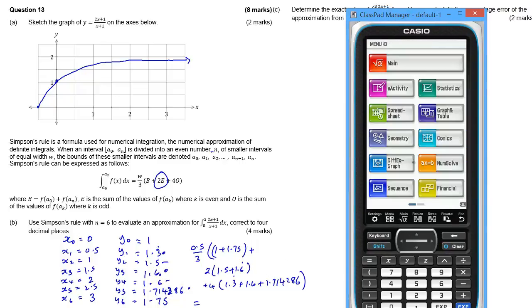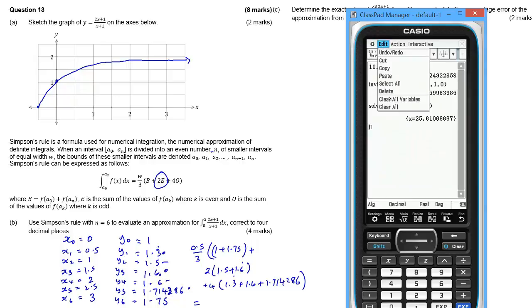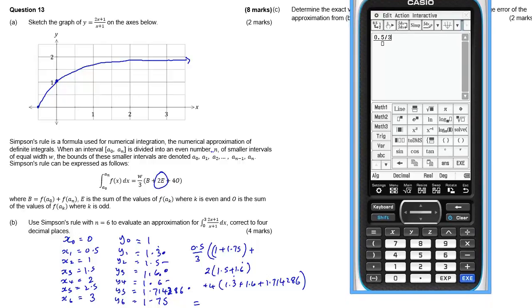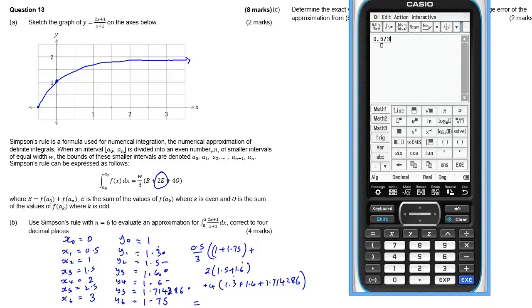And so if we go to main, let's just clear a bit of space here, and we have 0.5 divided by 3. Let's put the 3 on the bottom here. And then we've got the 1, add the 1.75.